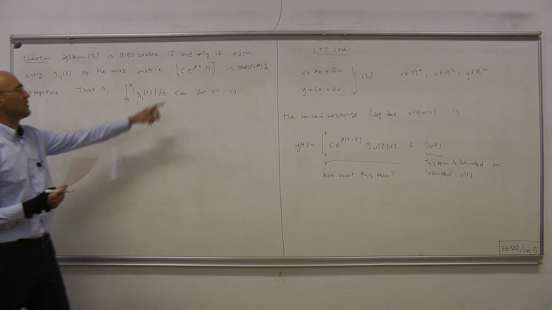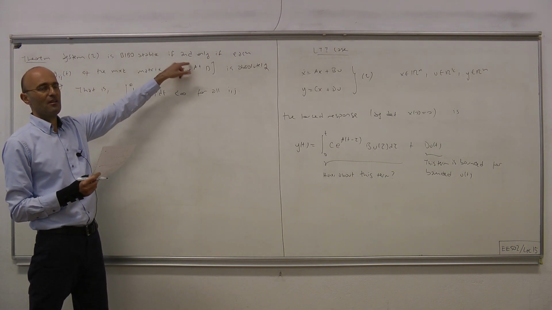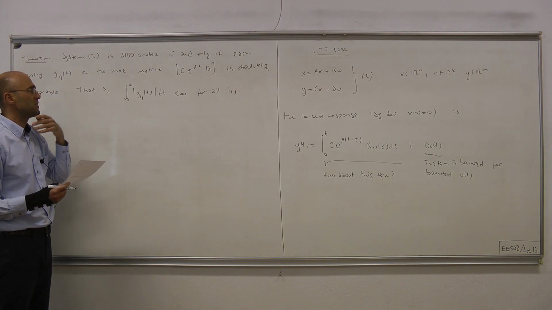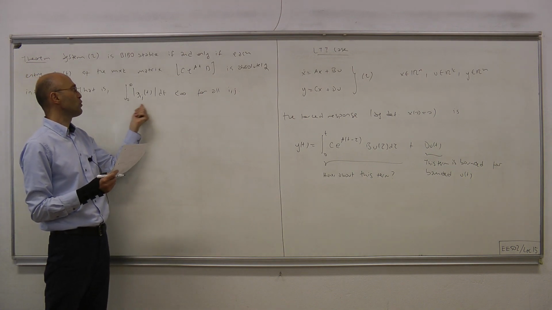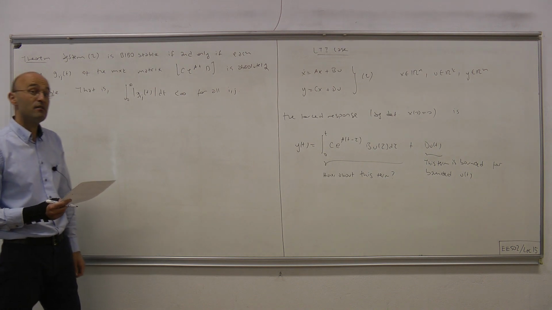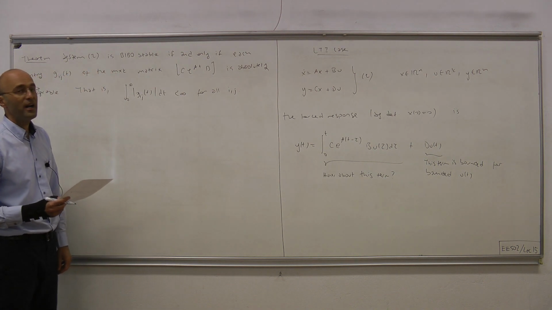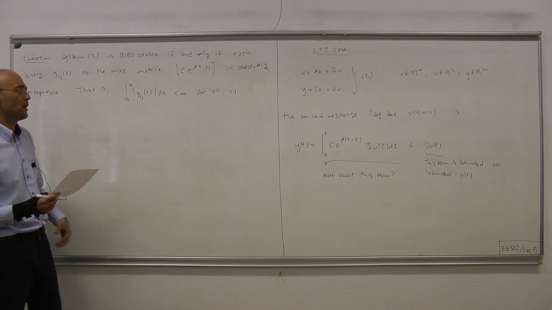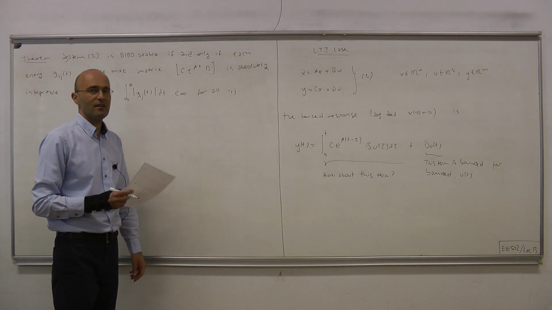Now this is an equivalent condition for BIBO stability, but still it seems hard work to compute all those integrations. So we have to therefore find if there exists a simpler way to check bounded input, bounded output stability for a given LTI system.